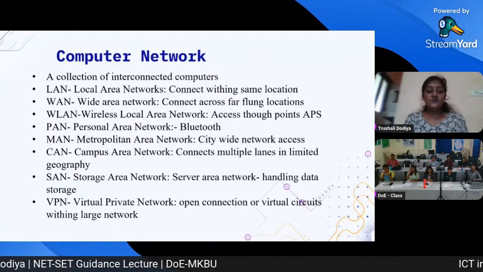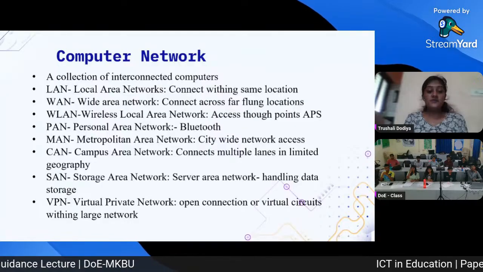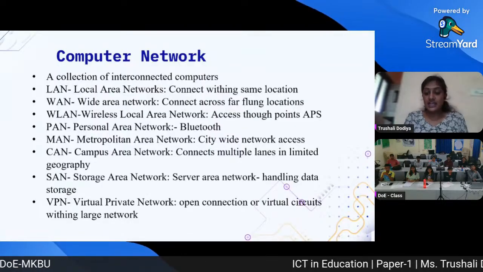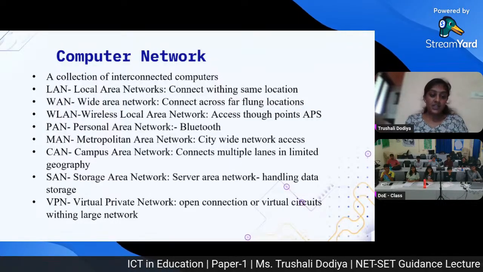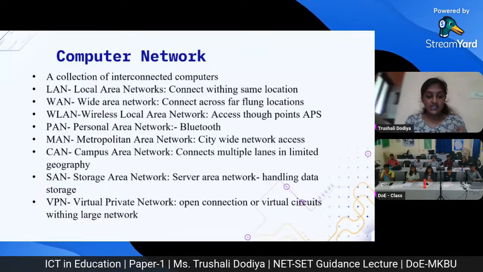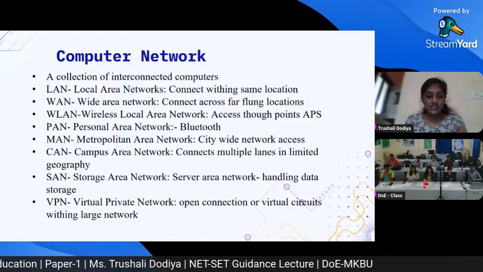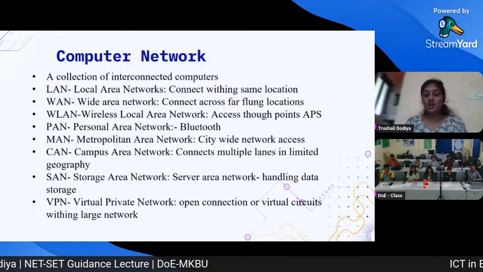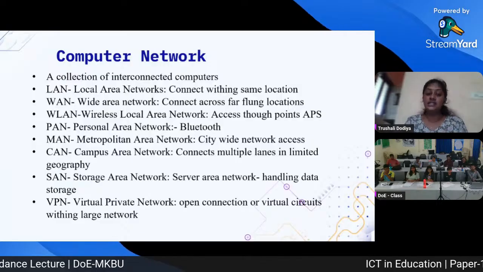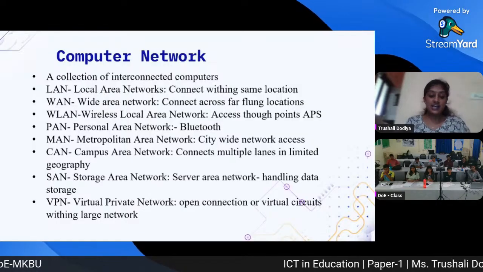SAN stands for Storage Area Network, which is a server area network that handles the data storage. And then VPN. VPN stands for Virtual Private Network, which is a sort of open connection of network or virtual circuits within a large area of network.